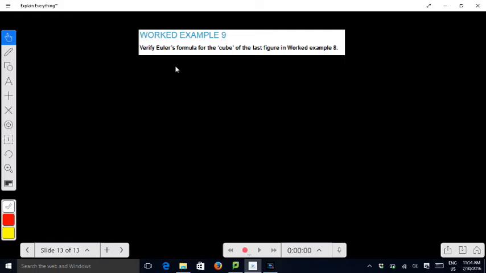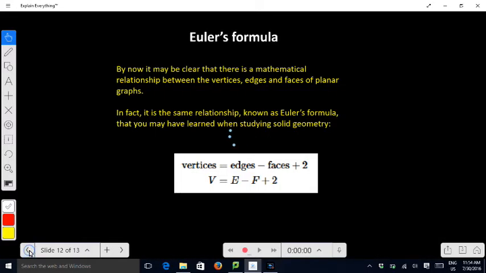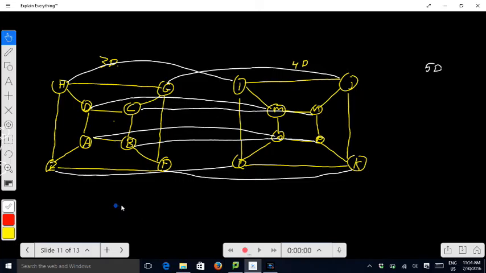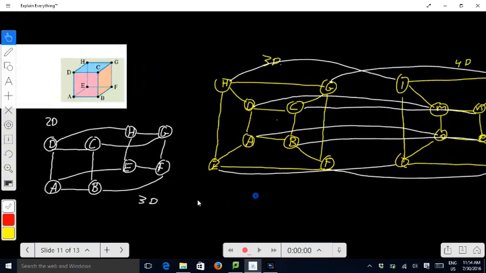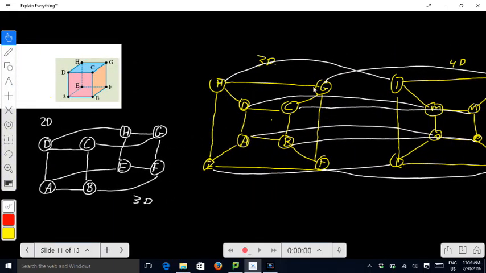So last one: verify Euler's formula for the cube in the last figure in worked example 8. If we have a look over here, it was this one here.